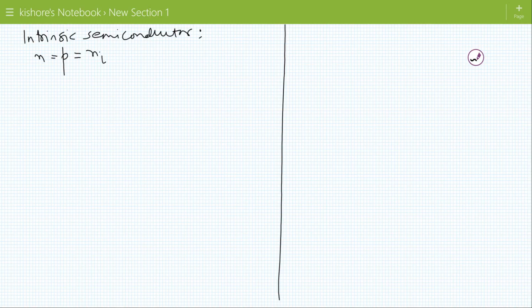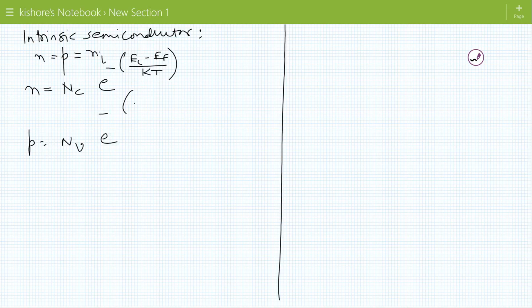Now we have the expression for N, that is Nc e to the power minus (Ec minus EF) by kT, and P is Nv e to the power minus (EF minus EV) by kT.